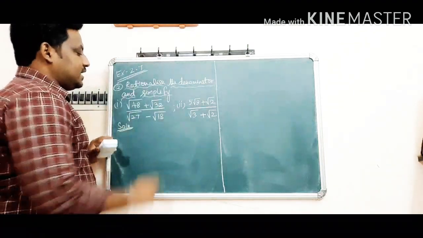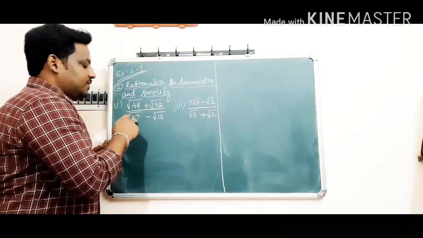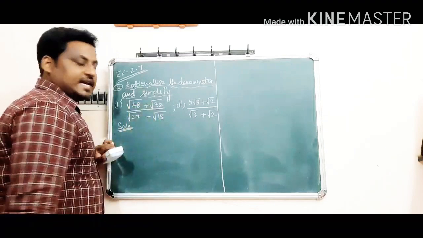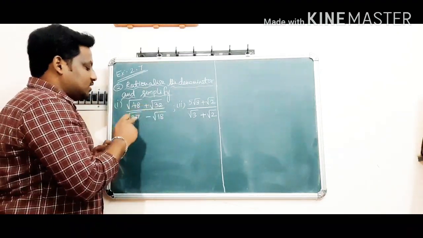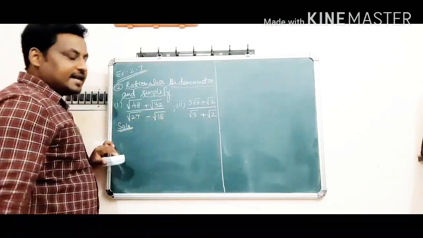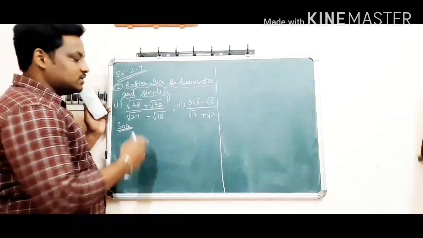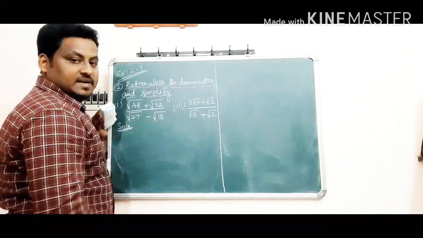So root 48 plus root 32 divided by root 27 minus root 18. So look at the numbers 48, 32, 27 and 18. All the numbers are huge numbers, so we can split the numbers.